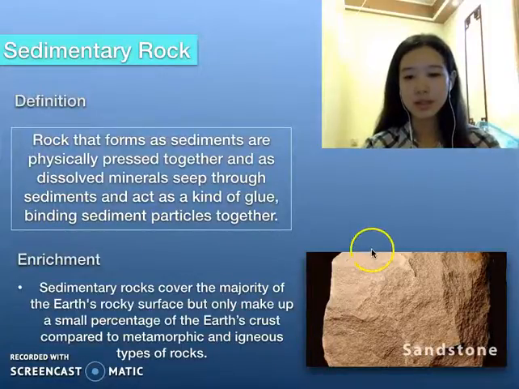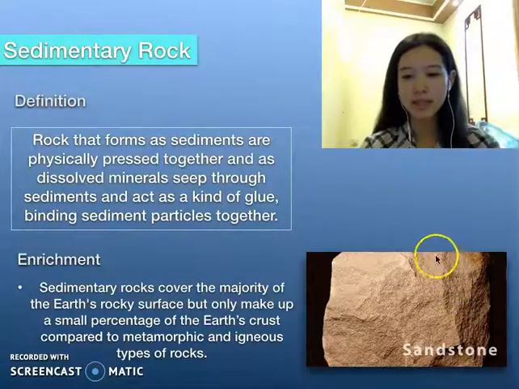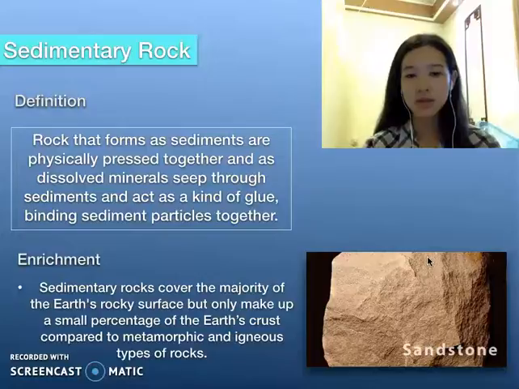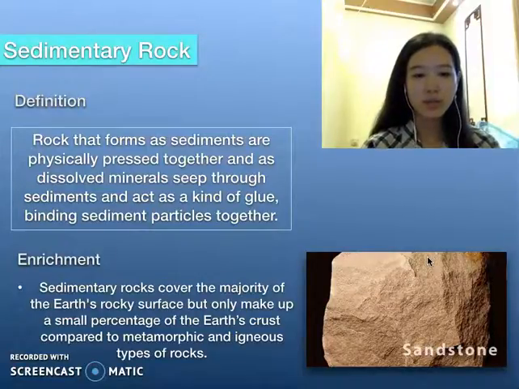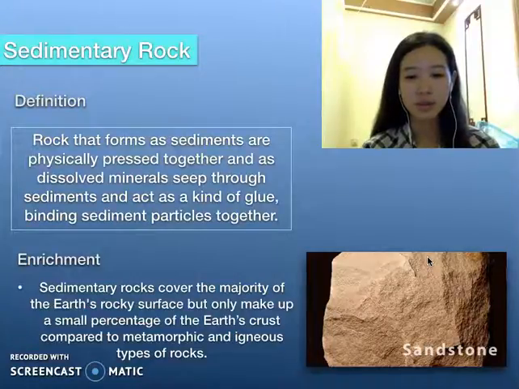So here's a picture that shows a sedimentary rock, and being more specific, it is a sandstone. So the sediment here is sand. For enrichment, sedimentary rocks cover the majority of the Earth's rocky surface, but only make up a small percentage of the Earth's crust compared to metamorphic and igneous types of rocks.